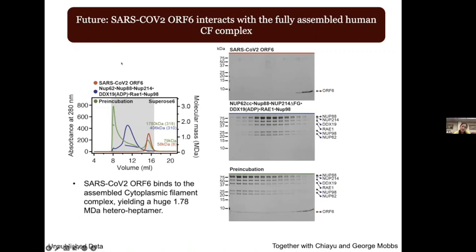We found that SARS components can interact with the cytoplasmic filaments, which indicated there may be some route. We are doing a lot of assays in the lab now and hope we can get something out.